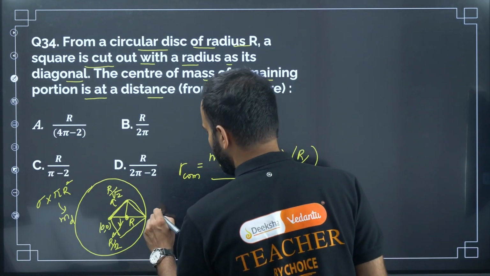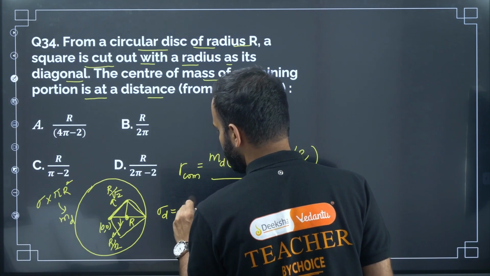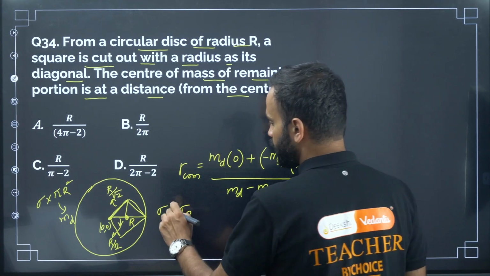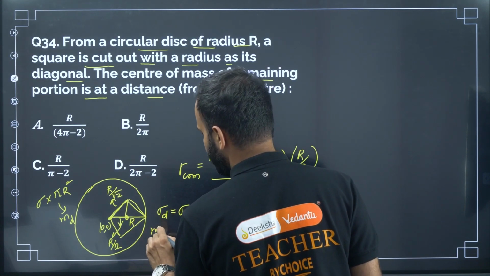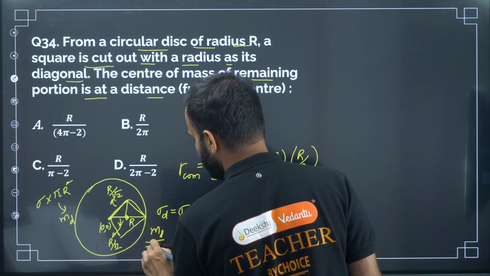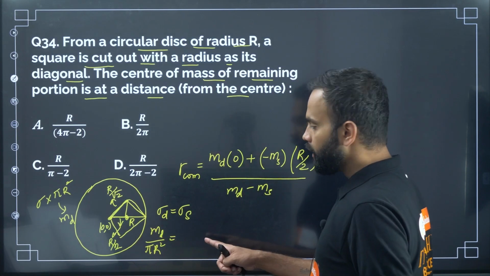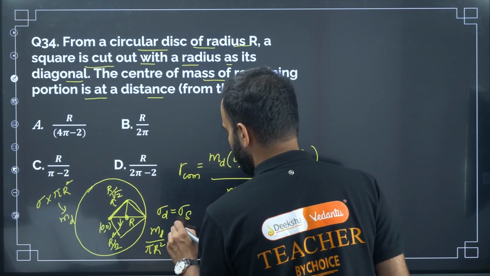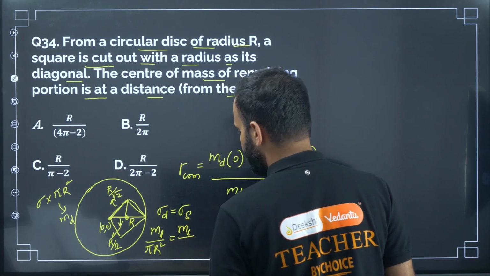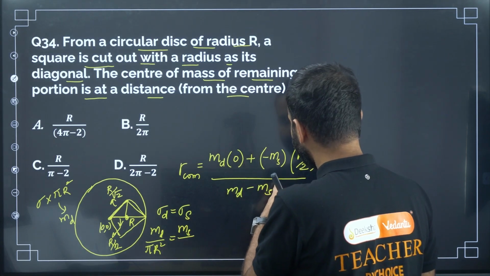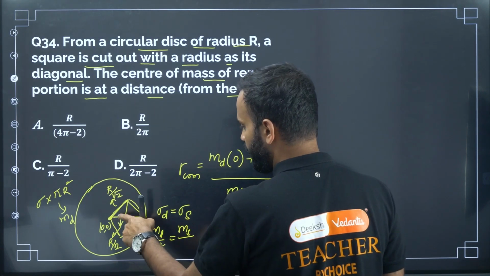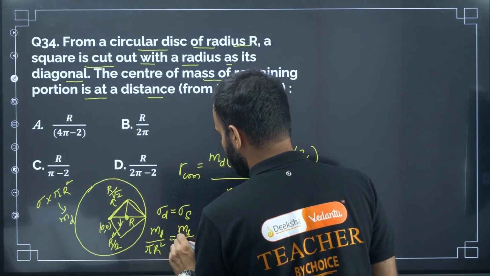Sigma of disc is MD divided by pi r square, equal to sigma of square, which is mass of the square divided by area of the square, that is r square by 2.